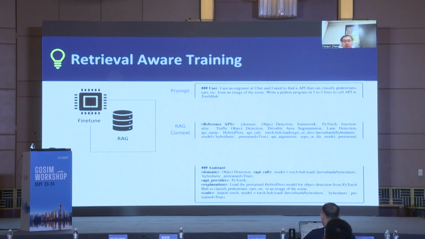So the domain is object detection, the framework is PyTorch, and the function is traffic object detection, and it also has corresponding API calls and arguments. Now the assistant, which we have fine-tuned, has to actually read the corresponding RAG context or the API calls, and then figure out how to use the APIs to achieve my task.